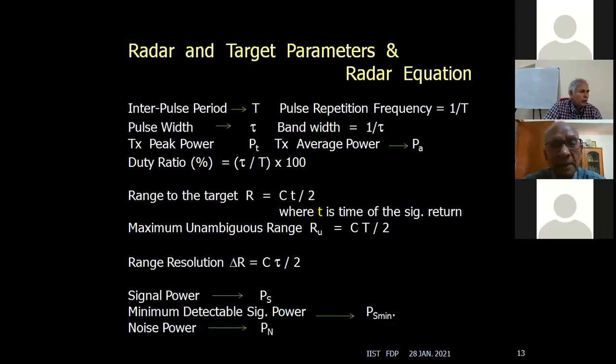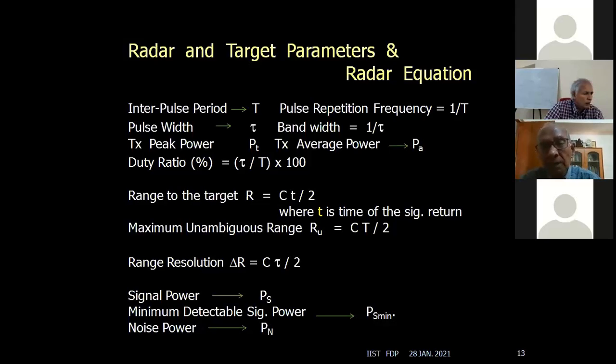So for the range to the target, you measure the time delay T from the ground pulse, because the ground pulse is located right at the transmitter. You immediately receive the transmitted pulse, which is the zero time reference.